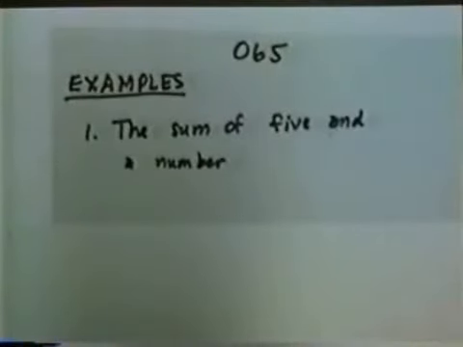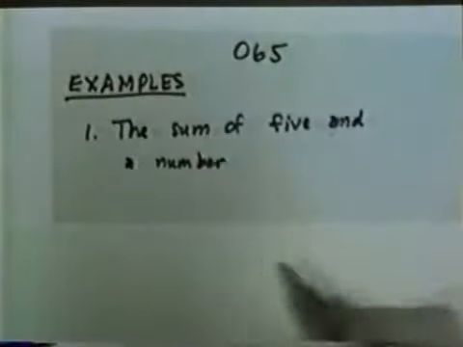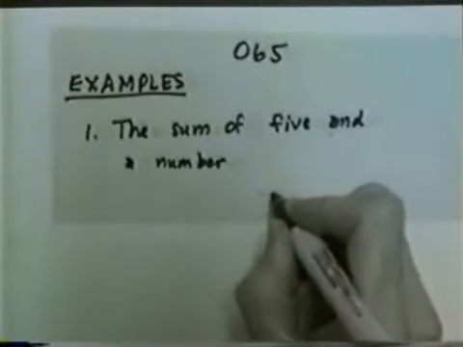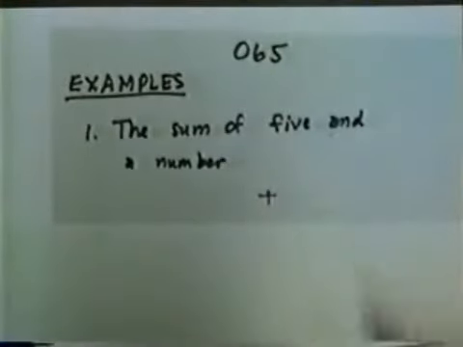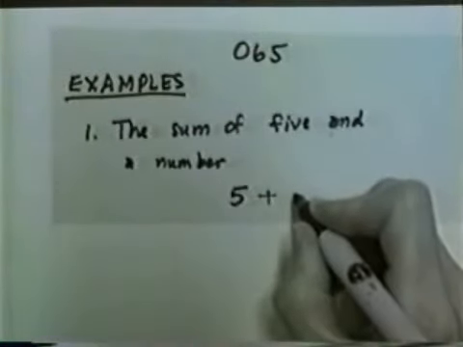We'll start with the sum of 5 and a number. Sum tells us we're finding the answer in addition, and so we can write down the addition sign immediately. We're adding 5 and a number, so let's write 5 plus the number.